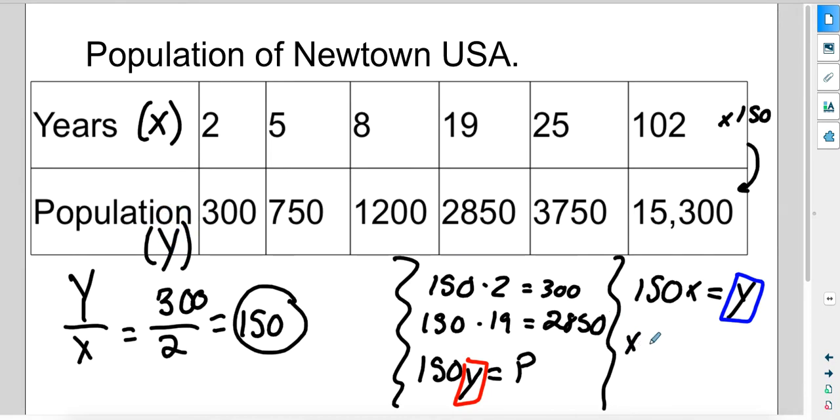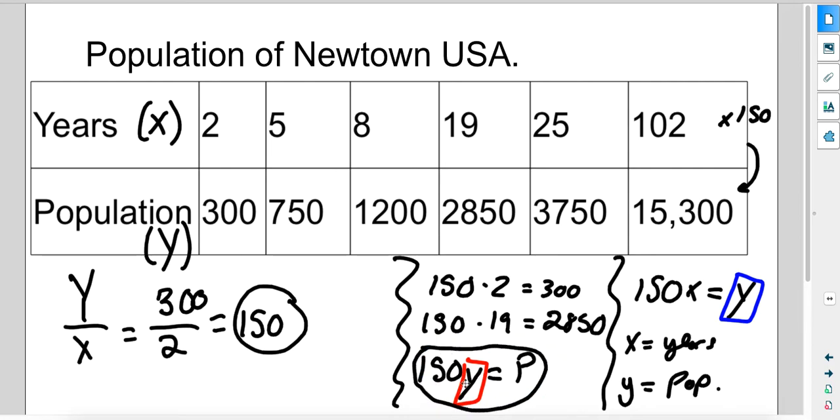So you may want to label that x equals the number of years and y is equivalent to the population. I'm just going to put pop. So either way, any of these equations that you use is totally fine. If you just use this equation, I will take that as full credit. And if you use this equation, I will take it as long as you also include what x and y stand for.